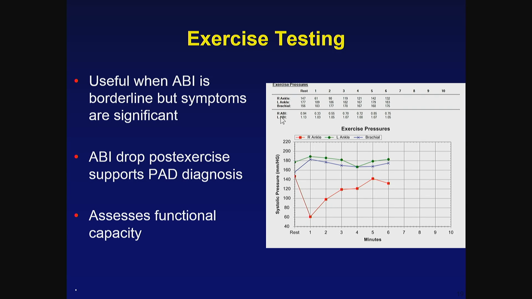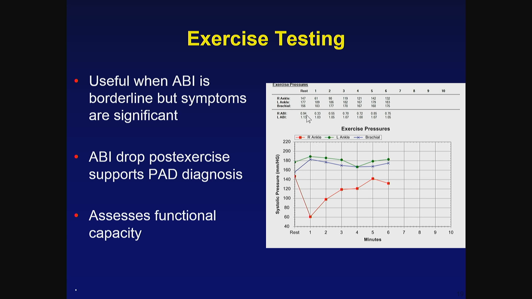And as you can see here, in the left leg, the ABI remains essentially normal and remains so throughout the rest and recovery. However, the right ankle pressure drops precipitously, and the ankle brachial index measured immediately after exercise is 0.3 compared to the resting value of 0.94.